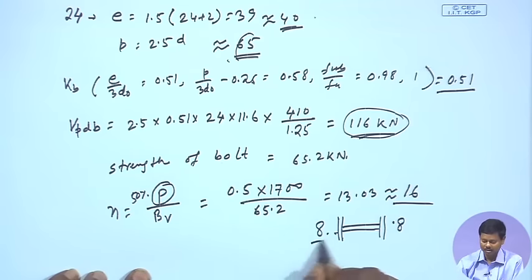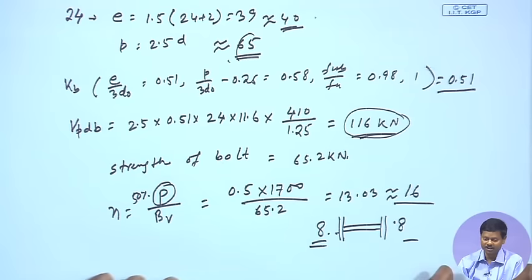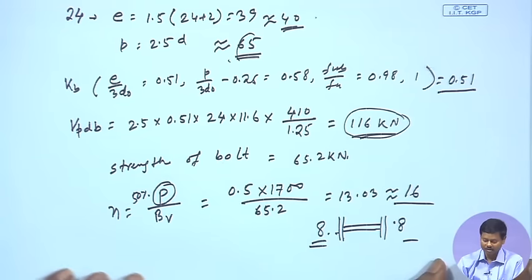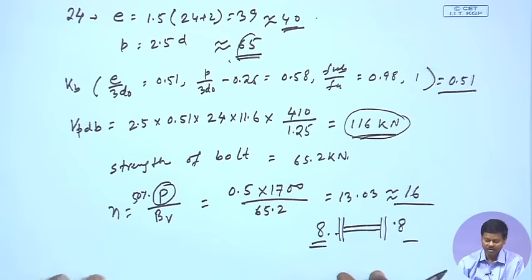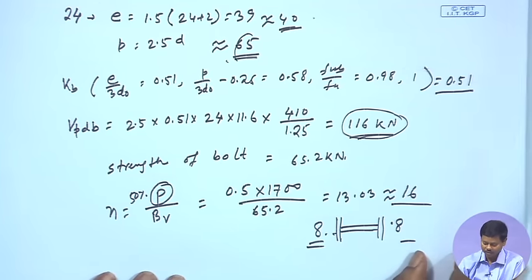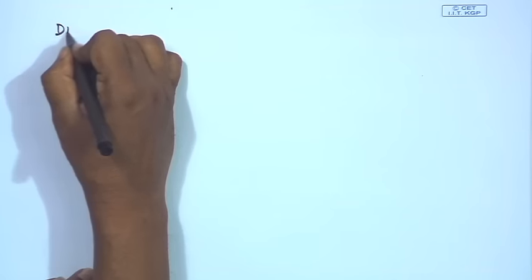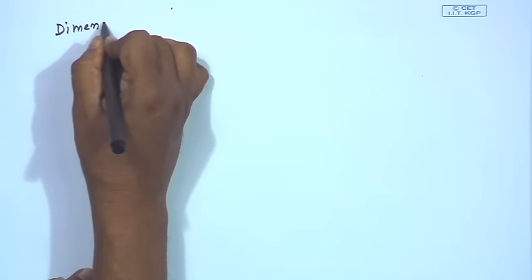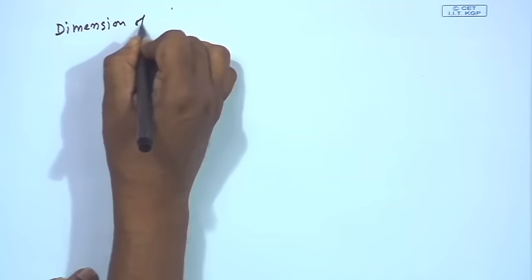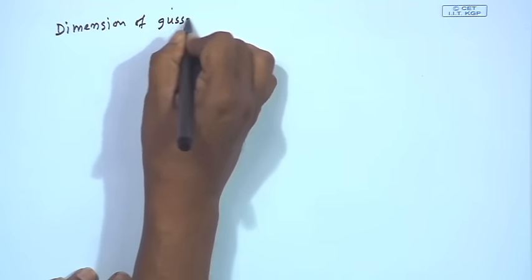So, 8 number of bolts in each flange will be provided, and if we provide in 2 rows, then 4 numbers of bolts in each row will be provided, having 2 rows of bolts, right. Now, I will show the diagram later. Now, before that I have to find out the dimension of the gusset plate.